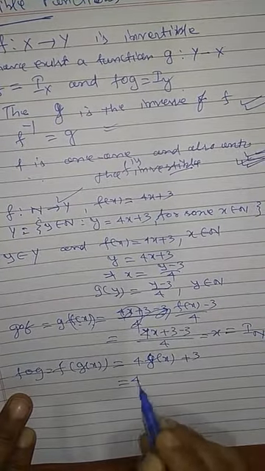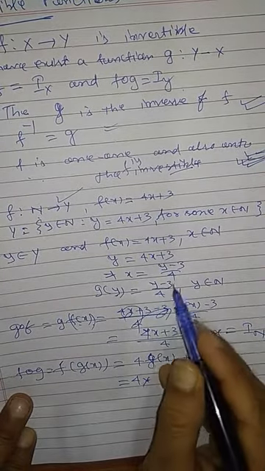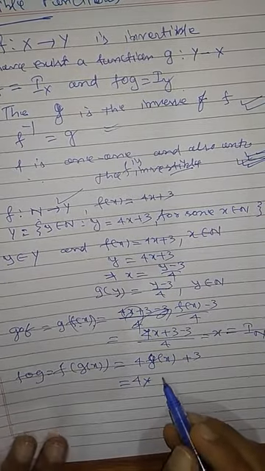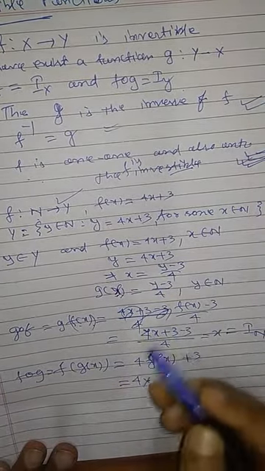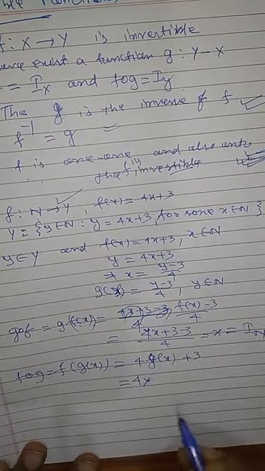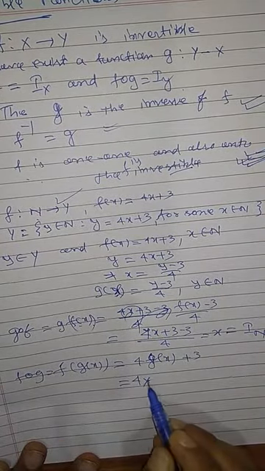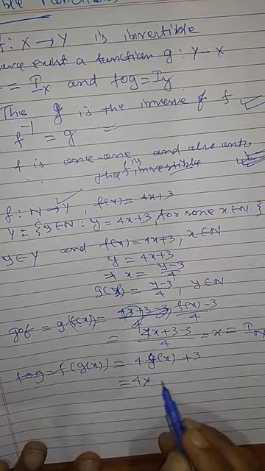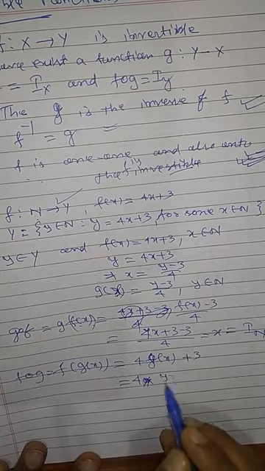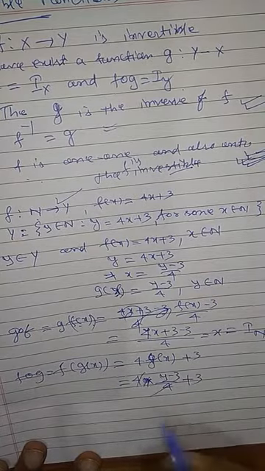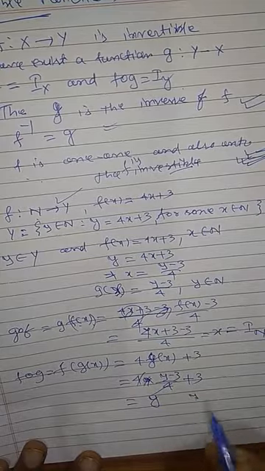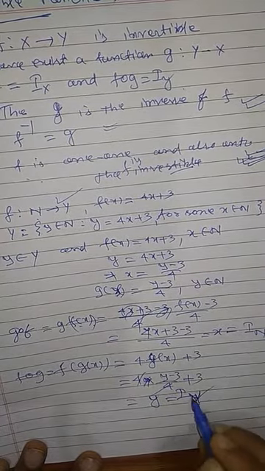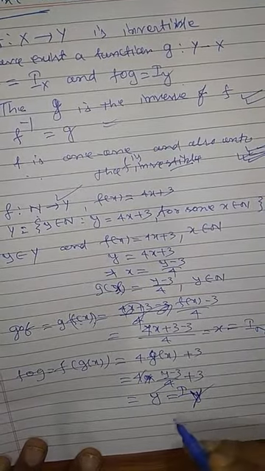What is g of y? It is (y minus 3) by 4. So 4 into (y minus 3) by 4 plus 3 gives y, which is the identity function over capital Y. This is Ix, this is Iy.